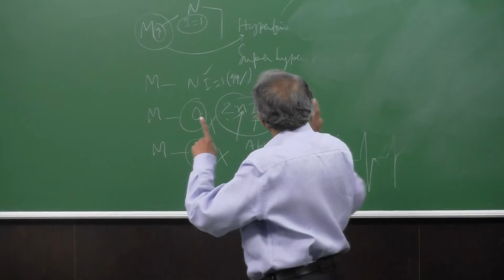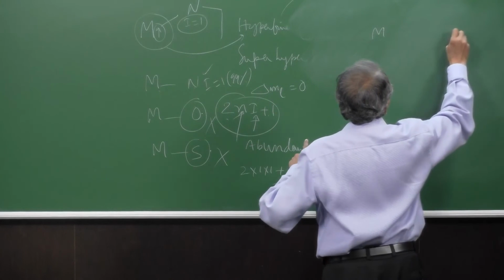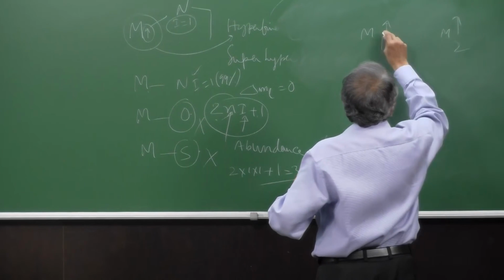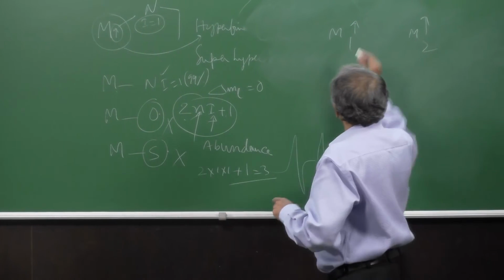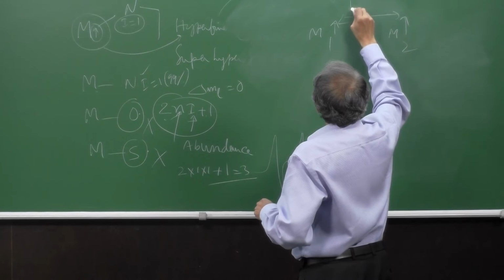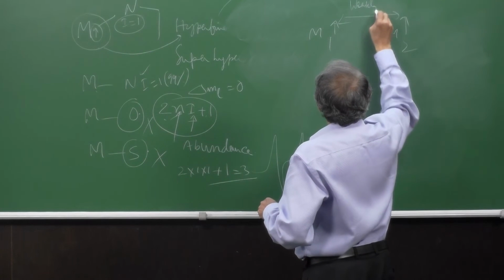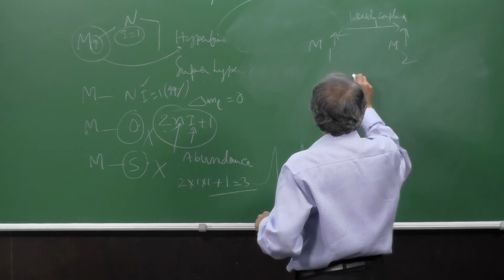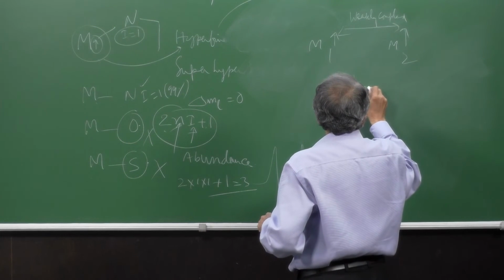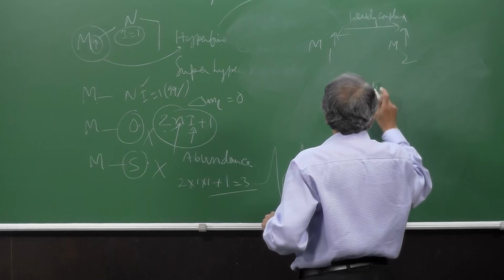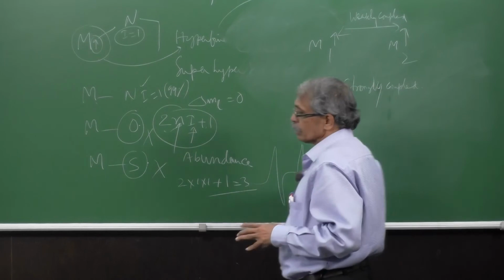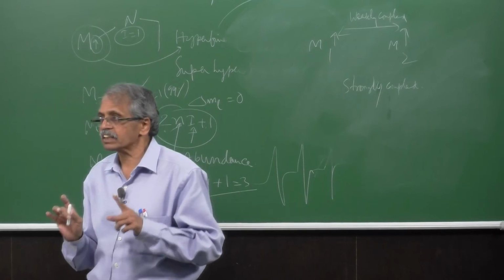Or they can be on 2 metal ions, so one metal here, another metal here, 1 electron here, 1 electron here, and these 2 can also be coupled, either weakly coupled or strongly coupled. So both are possible. Depending upon that, your spectral signature changes.